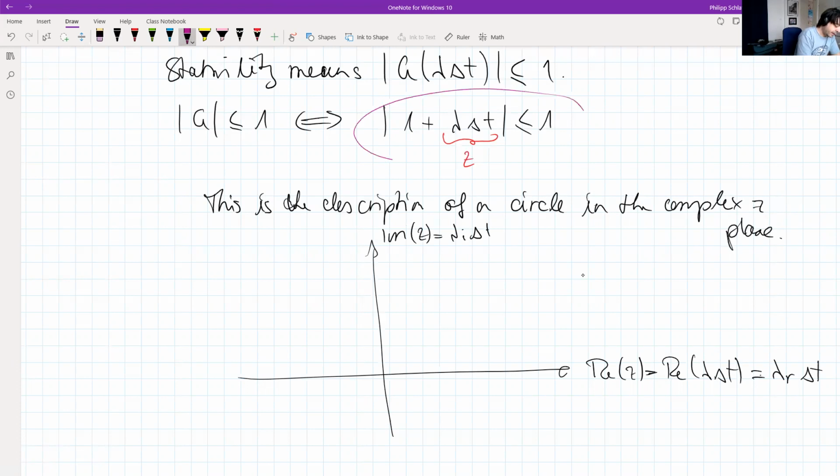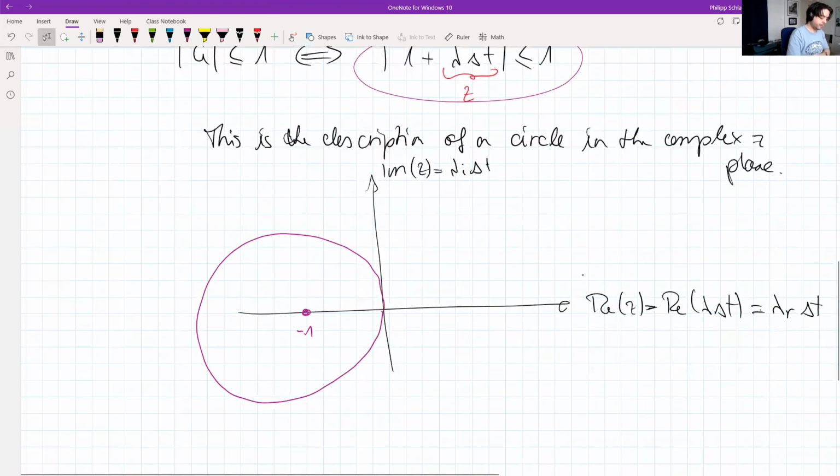Well, then this equation here is a circle with radius 1 located at -1. So I have this -1, and I have a circle here. Right. That's not very nice. So, a circle located at -1.